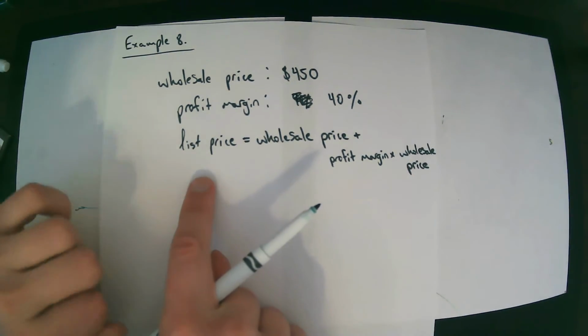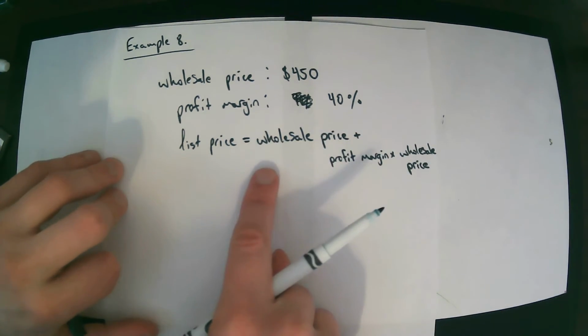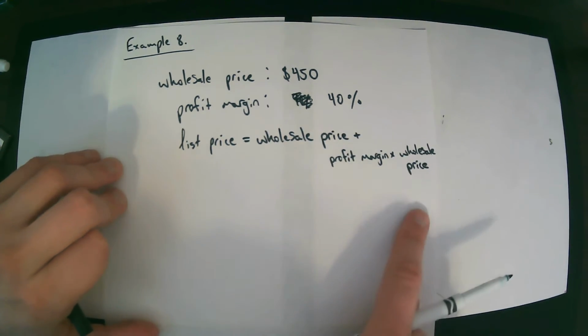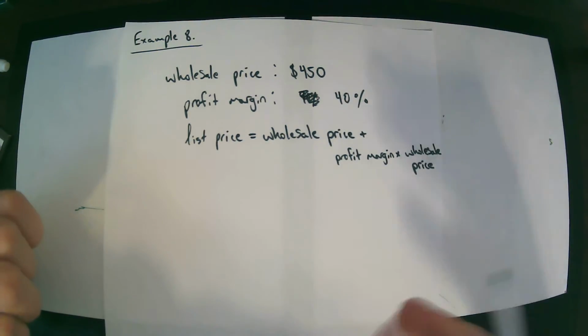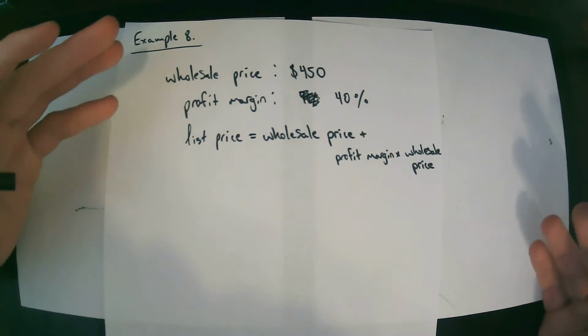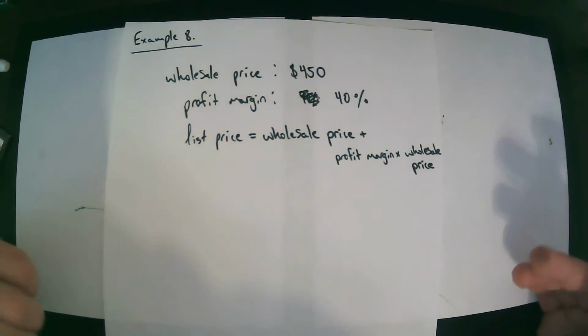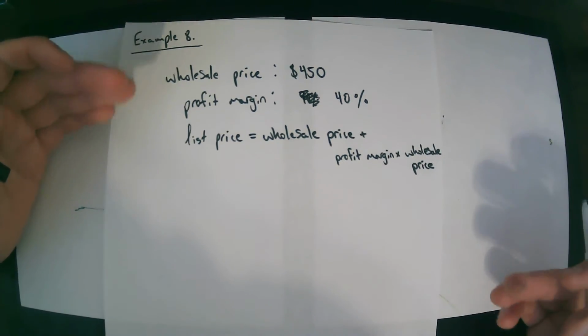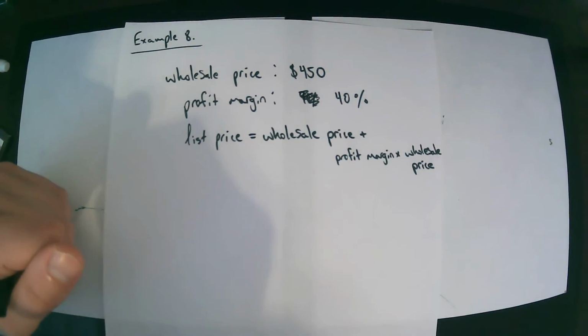Your list price is going to be that original wholesale price plus profit margin times wholesale price. It's kind of the opposite of a discount, right? Because we're not playing the role of the consumer. Again, we're playing the role of the person selling the item. They want to make a profit.